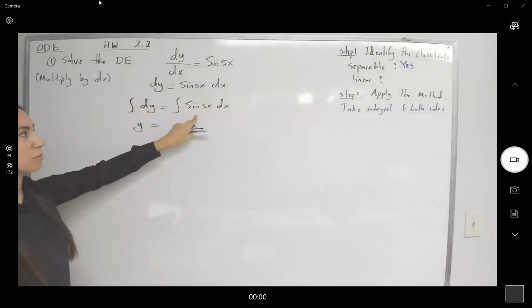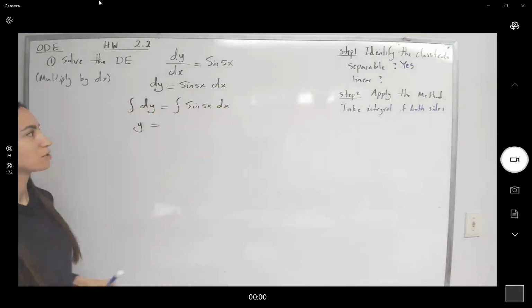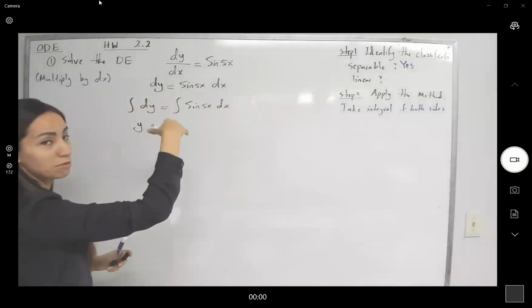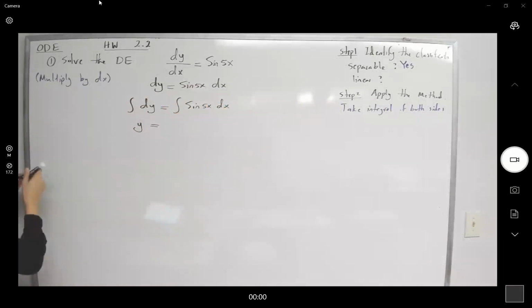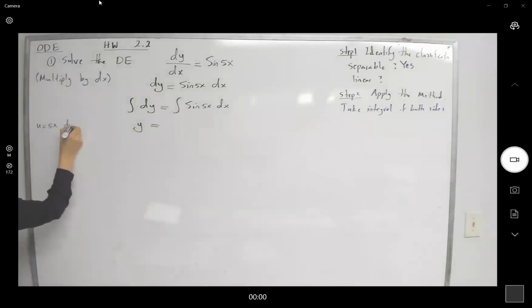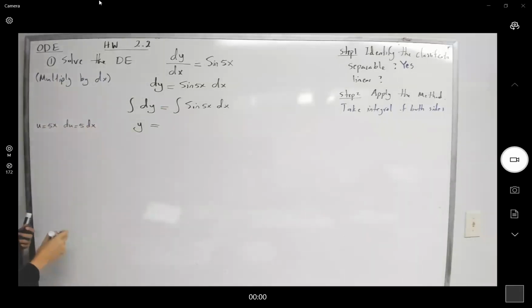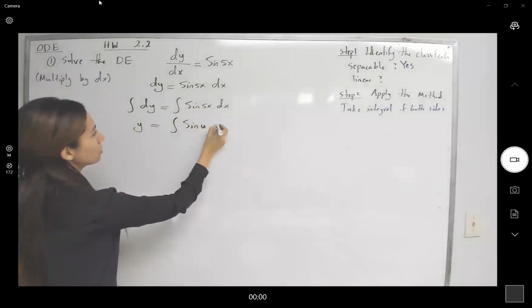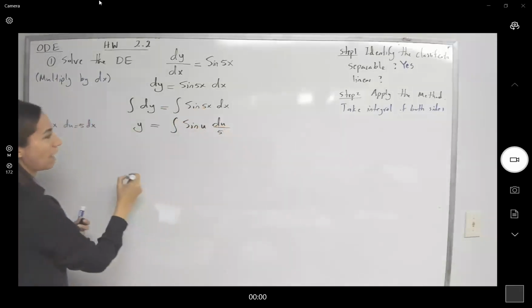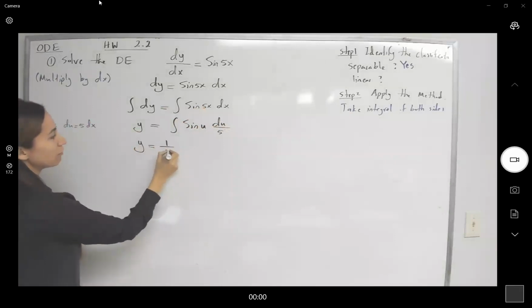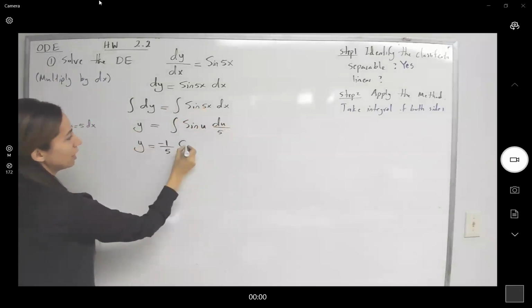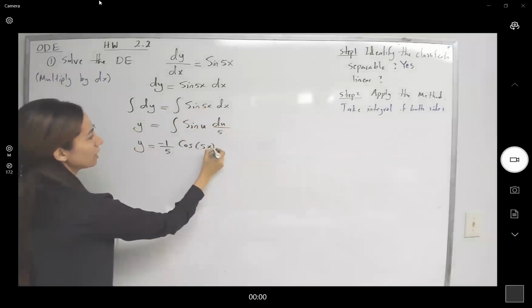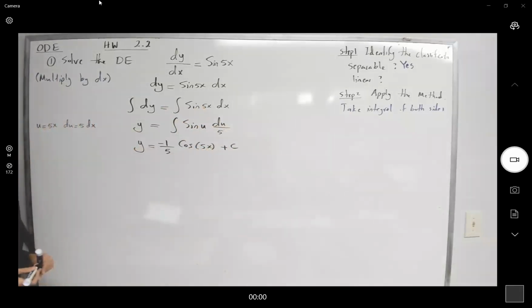On the right-hand side, remember that by doing the inverse of chain rule, or substitution, u is equal to 5x, and du is 5 dx. So replacing 5x by u, you get the integral of sine of u du over 5, and as you can see, y is equal to a fifth negative cosine of 5x plus the constant of integration.